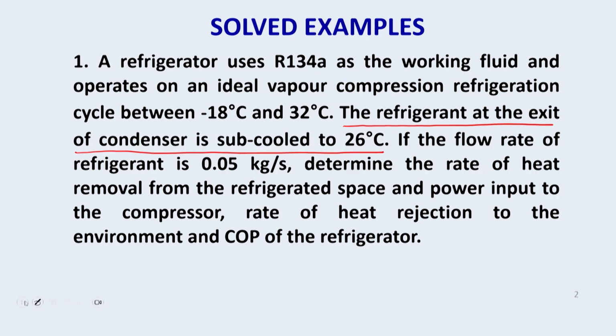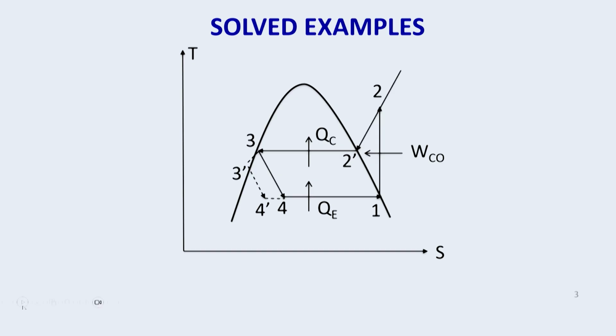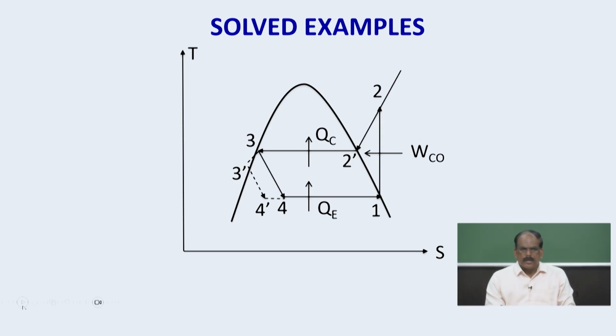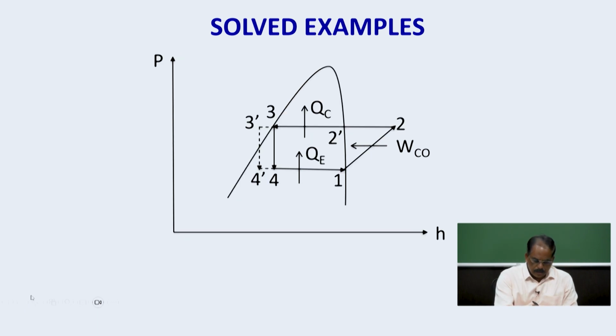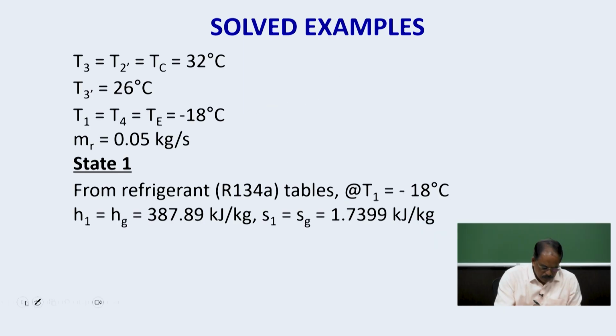So, this is the temperature entropy diagram for the ideal vapor compression refrigeration cycle with subcooling, and this is the pH diagram. I will be plotting it again. We assume the condition of refrigerant at the inlet of compressor is saturated.